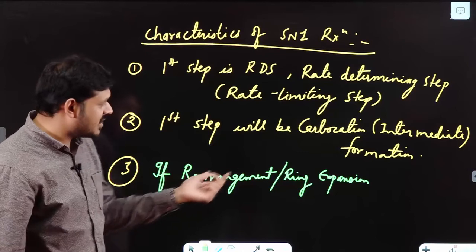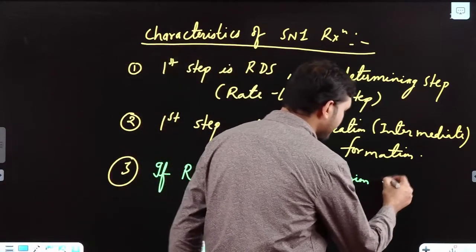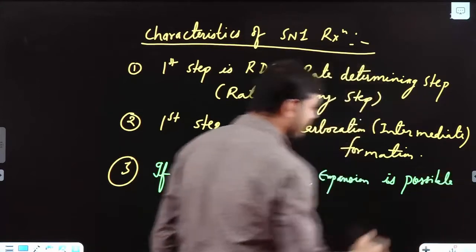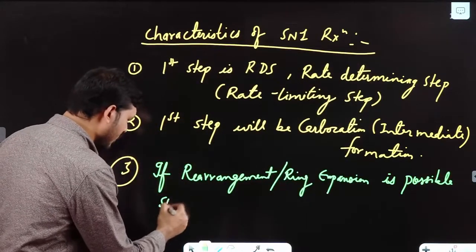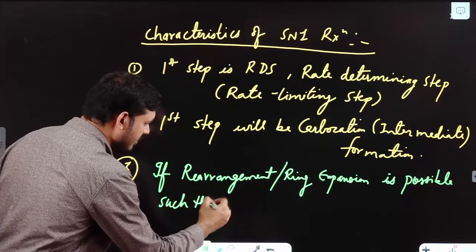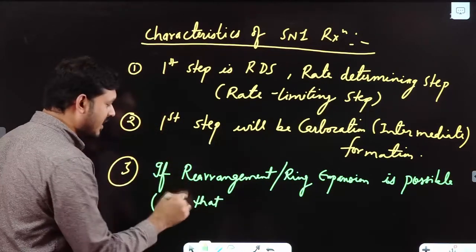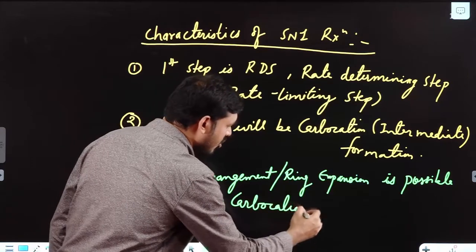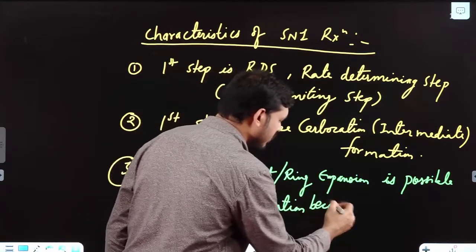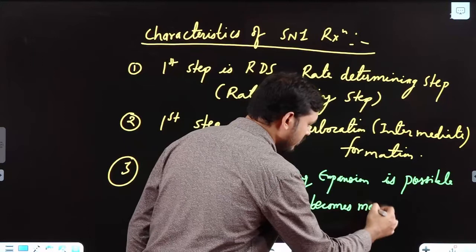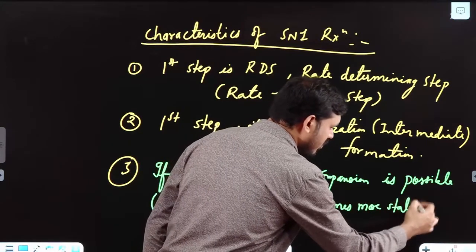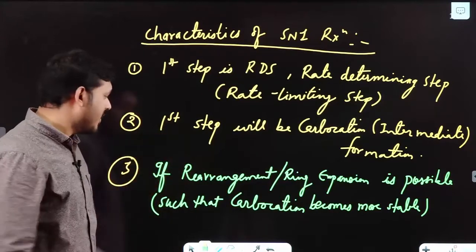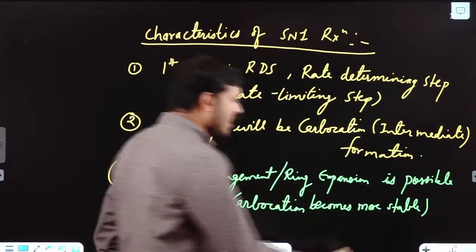So if rearrangement or ring expansion is possible, such that the condition applied makes the carbocation more stable, then you have to make that.